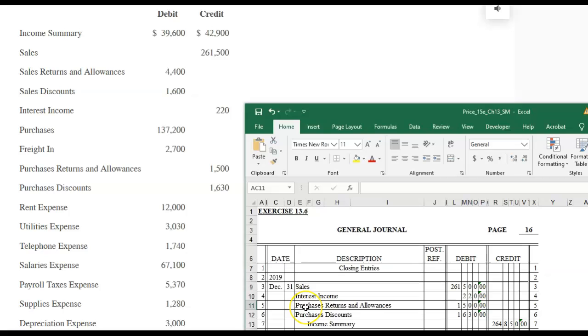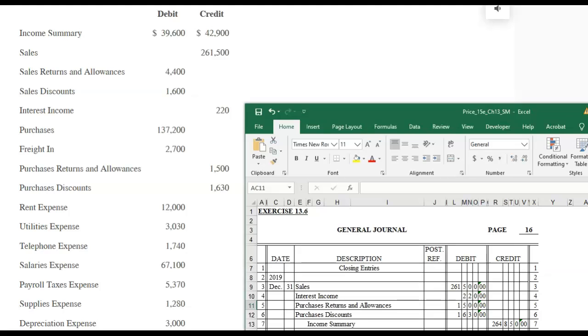The purchases, purchase discounts, purchase returns and allowances, all part of the revenue. All part of income. And all that is normally a credit, because revenue is a credit. So we have to debit it all, and that means we credit the income summary.